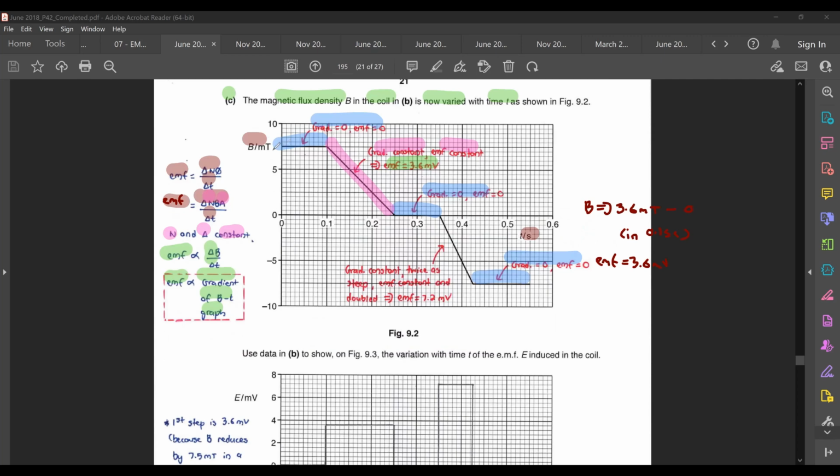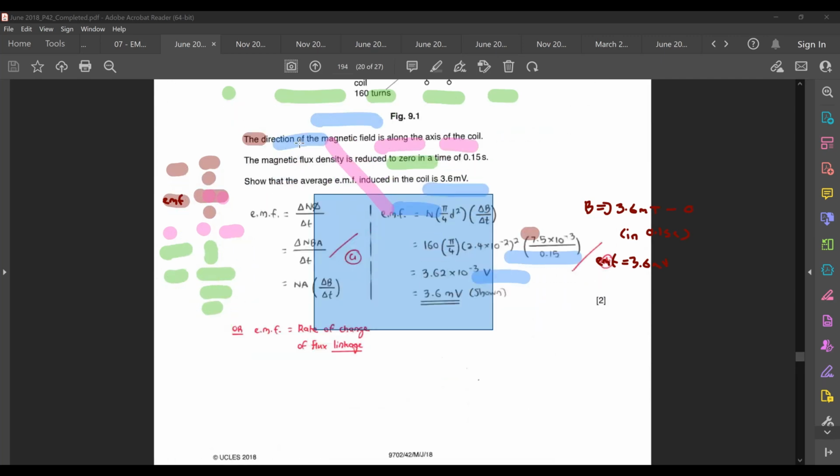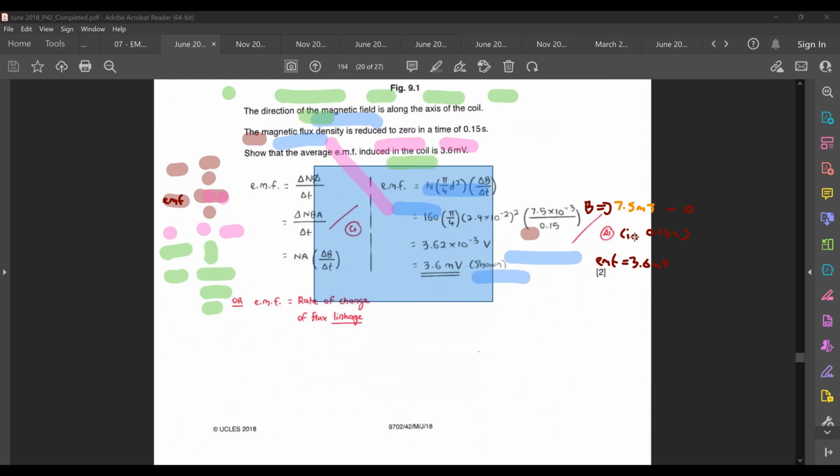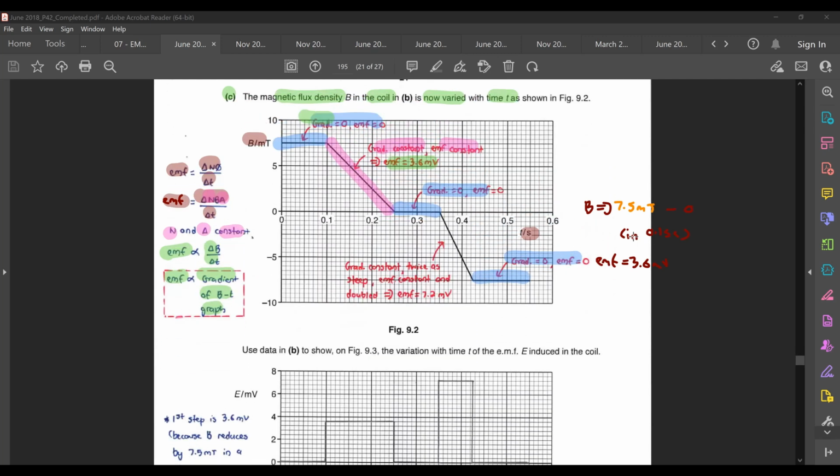Oh sorry, it's not 3.6 millivolts, sorry, my mistake. It's actually 7.5 millitesla. This is not 3.6, this is 7.5 millitesla. So if you now look back at your graph here, this value here is actually 7.5 millitesla and is going to 0 in a time of 0.15 seconds.